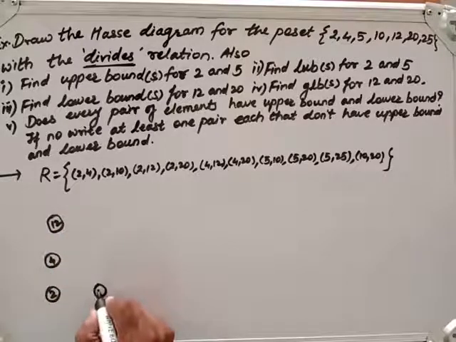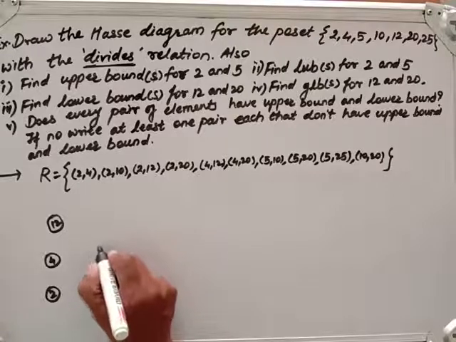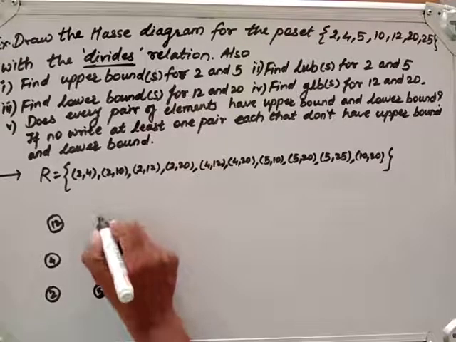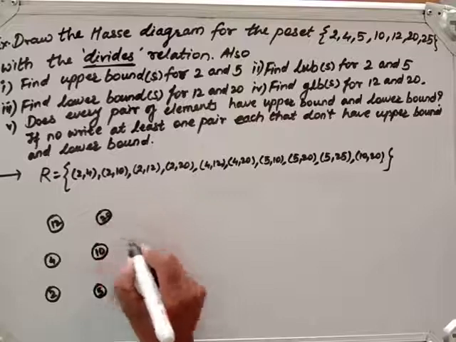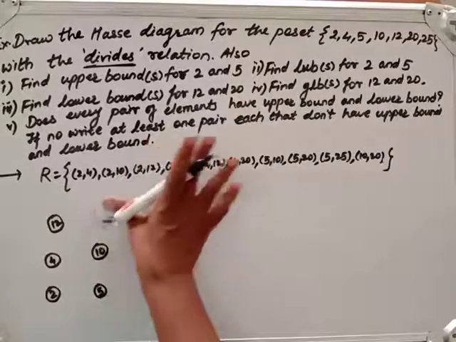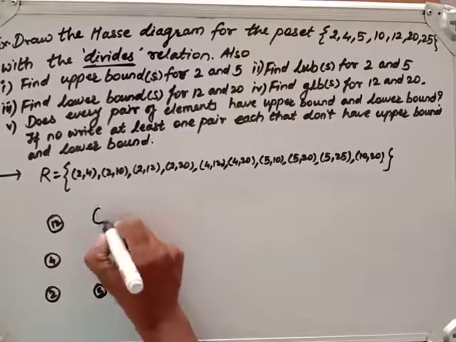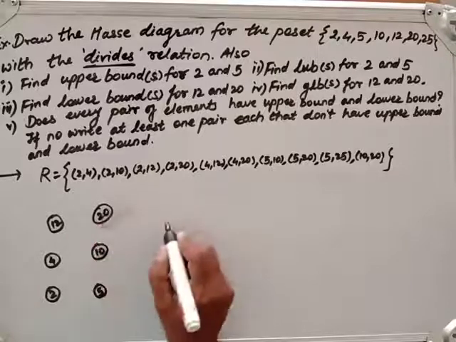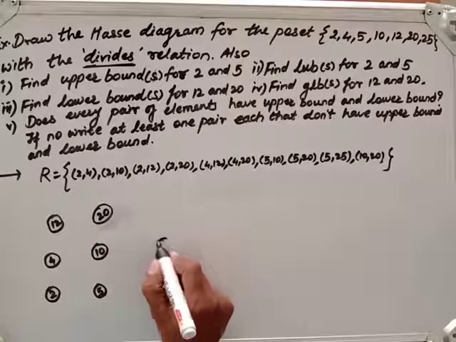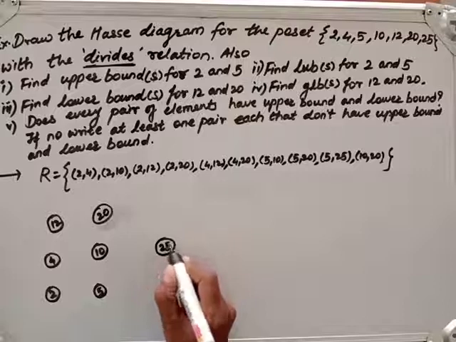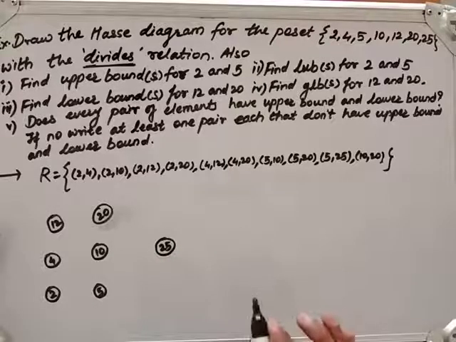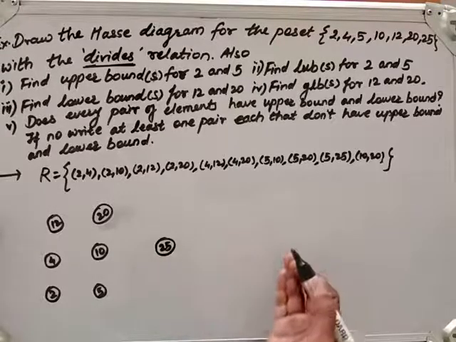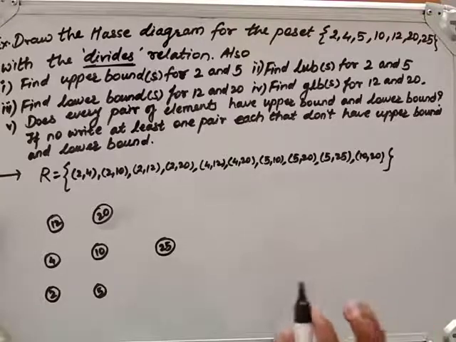Simply that one I am using. Otherwise I am drawing a diagram here. So 5, 10 and 20 suppose. This is 20. And one more value is 25. This is just a diagram I am giving you first. Later on we will go for the Hasse diagram.